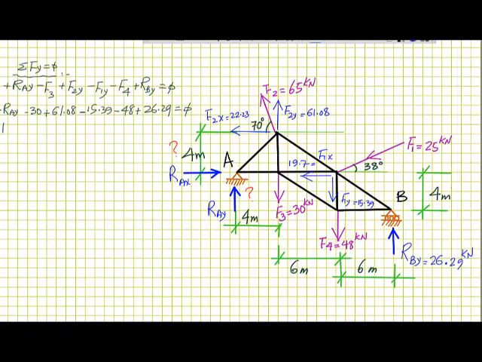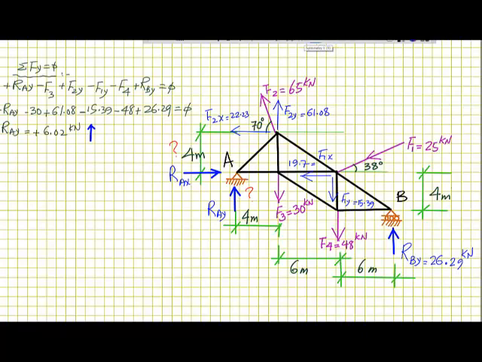So once we isolate RAY, we get the value of RAY equal to plus 6.02 kilonewton. It means that the assumed direction for the reaction is correct, and it is upwards.